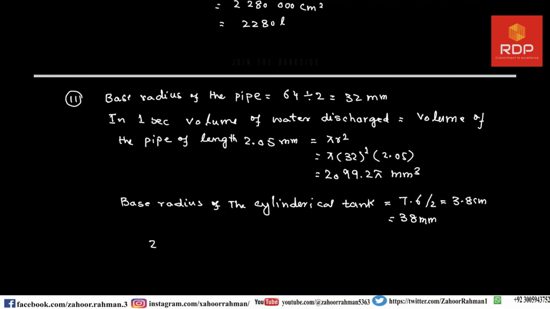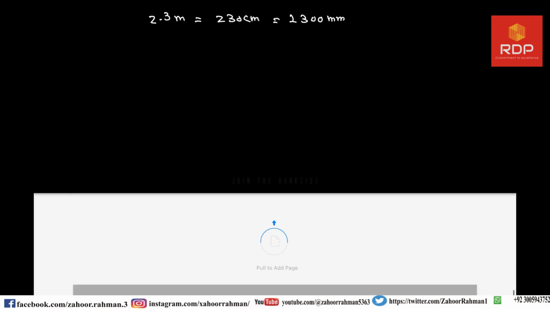Base radius. Height is 2.3 meter, which is equal to 230 centimeter, which is equal to 2300 millimeter.